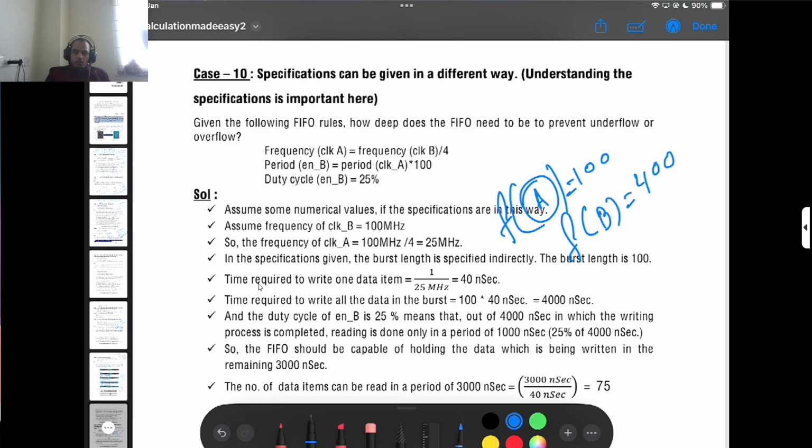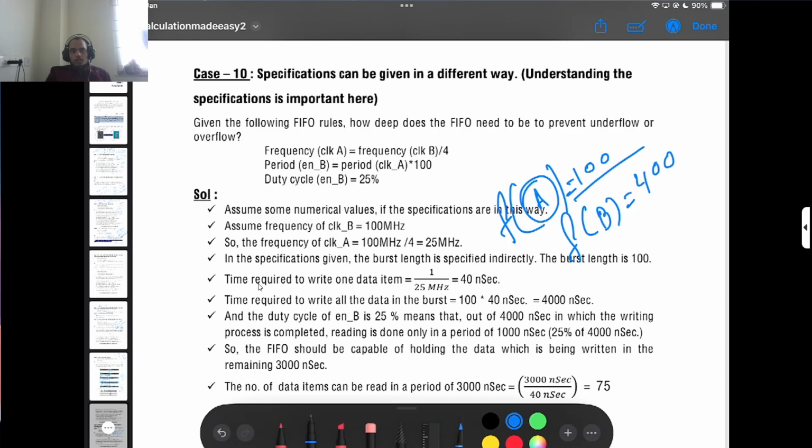Most of the time this is the part people get wrong: they assume that if a is 100, then the frequency of clock b is 25. But according to the question, f of b equals 400, since f of a is f of b divided by 4. And the period of enable b equals the period of clock a into 100.